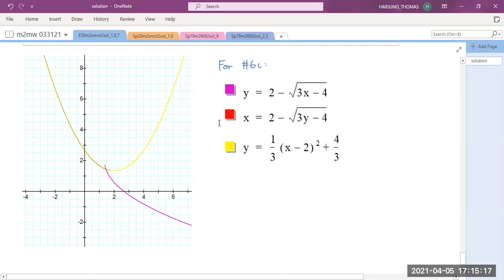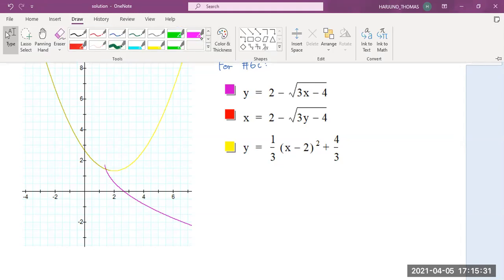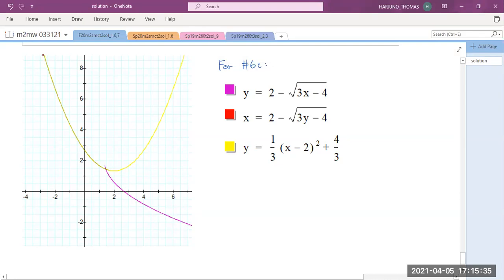So you see that the original graph of the function is the one in purple. And then the inverse function is supposed to be the one in red. That's the real inverse function.